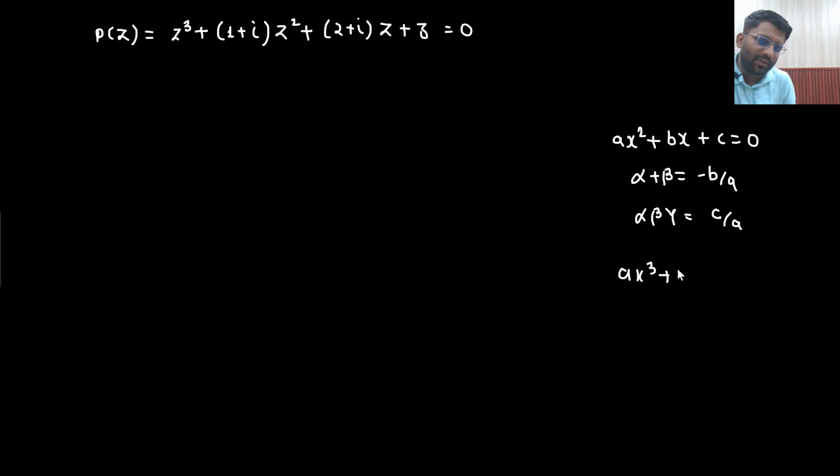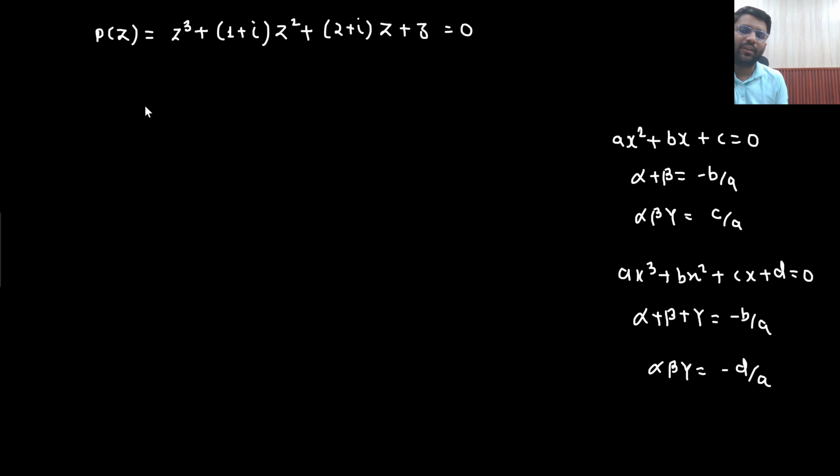Similarly, for ax cube plus bx square plus cx plus d equals to 0, what will be the sum of roots? The sum of roots will be nothing but minus b by a. What will be the multiplication of roots? That would be minus d by a. So similarly, what will be the sum of roots?